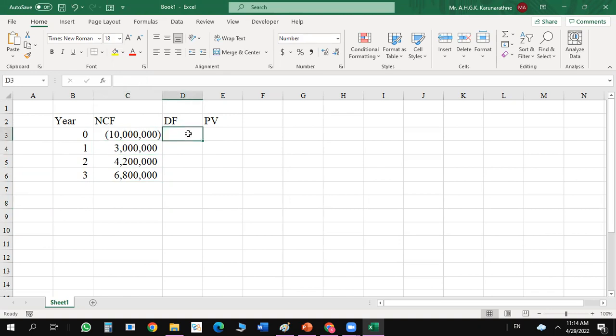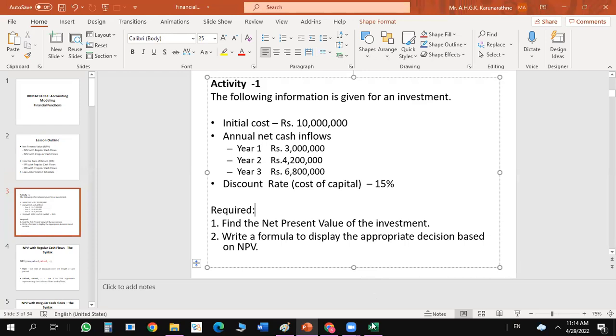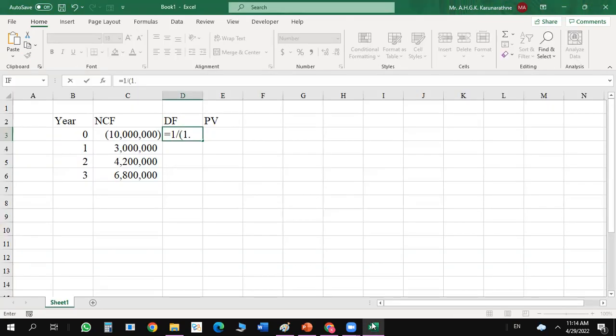And the discount factor. How do you compute the discount factor? Discount factor is equal to 1 divided by 1 plus R, right? R is 15%, that is given in your question. It's 1 plus R to the power n.